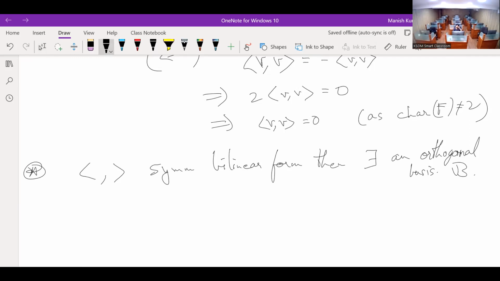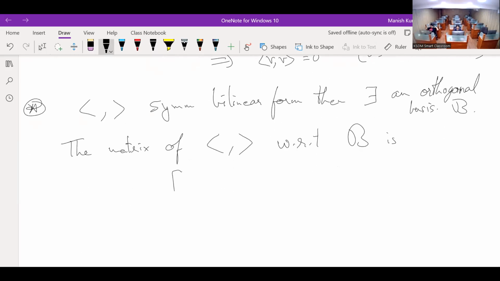The matrix of this with respect to B, how would it look like? It's going to be a diagonal matrix, right?